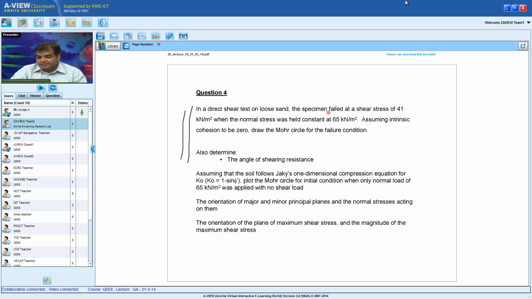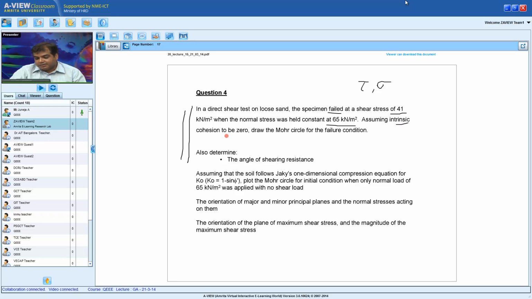It says the sample has failed when the shear stress was 41 kilopascal and normal stress was 65. So tau and sigma values have been given on the failure plane. Shear stress and normal stress were so and so.